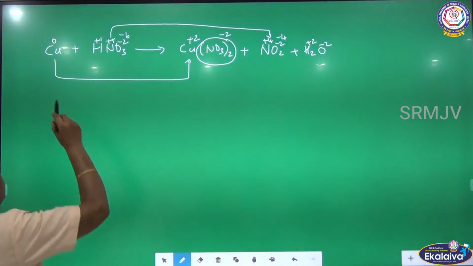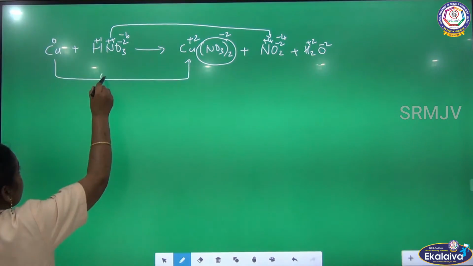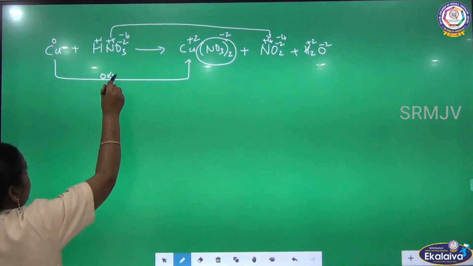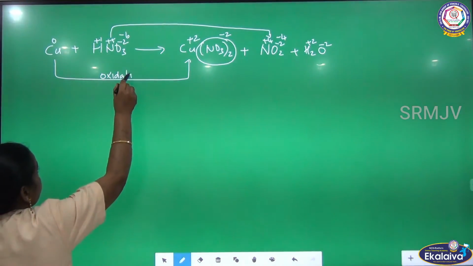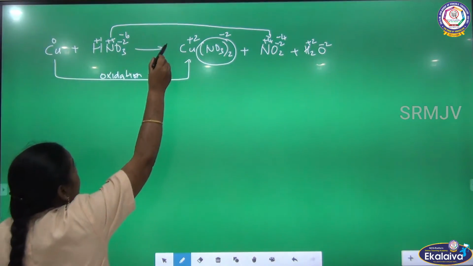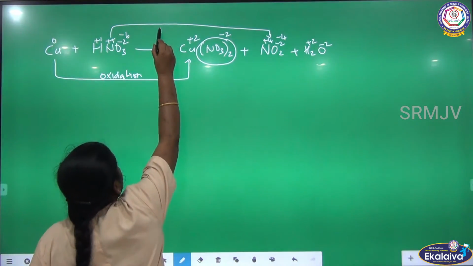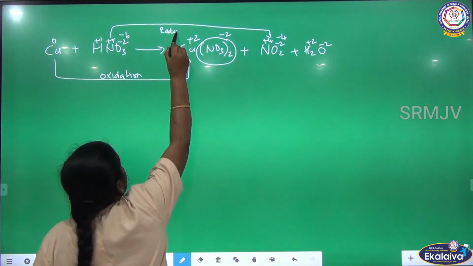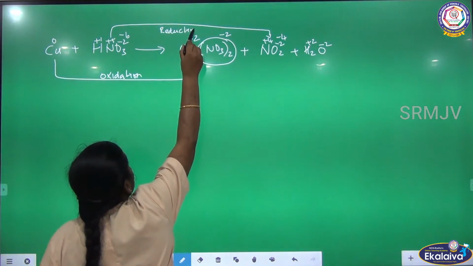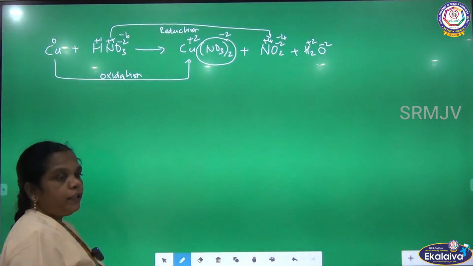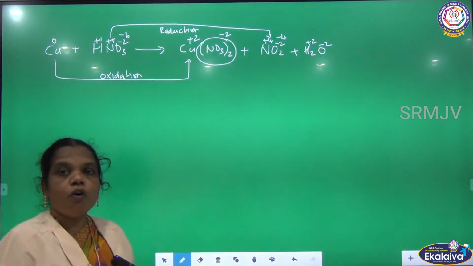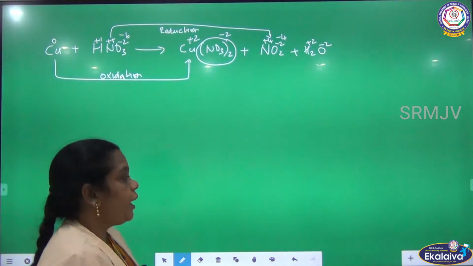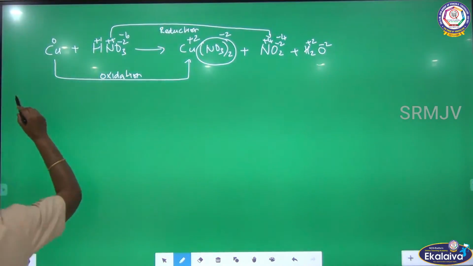So here there is an increase in oxidation number, 0 to +2. So what type of reaction? Oxidation. And here, reduction. Now you want to find the number of electrons involved in oxidation and reduction. That is step 1.